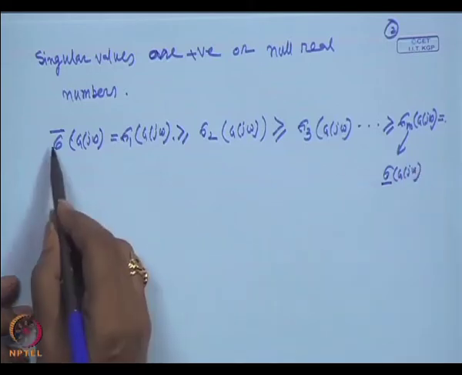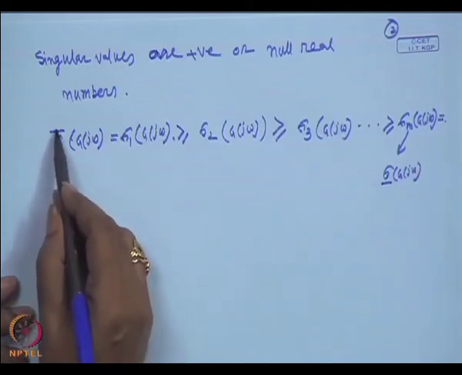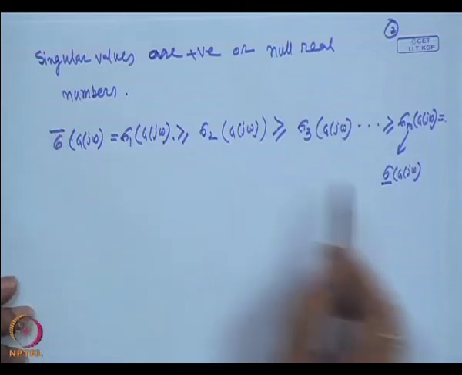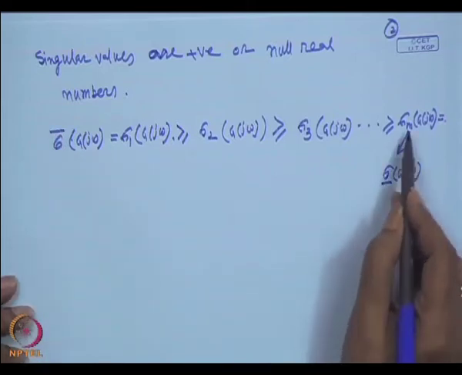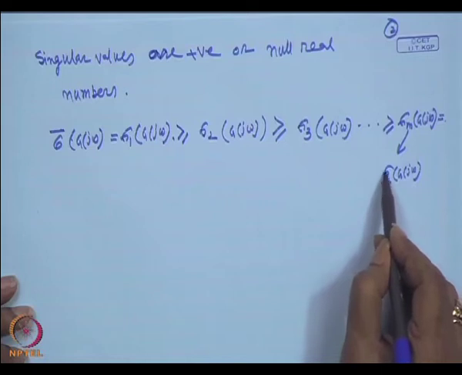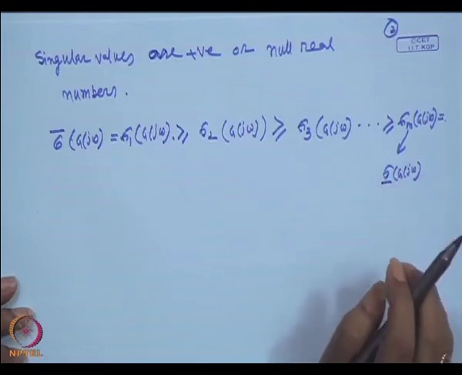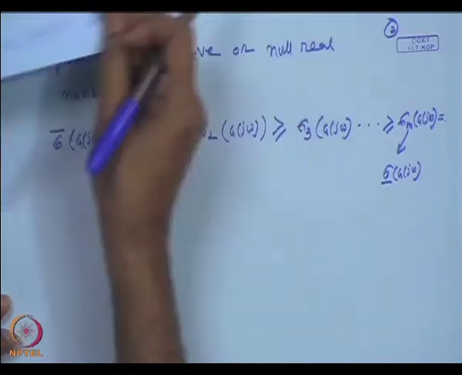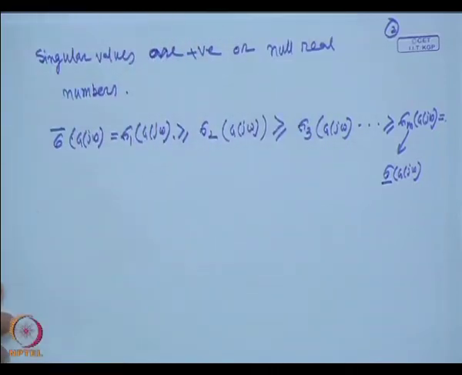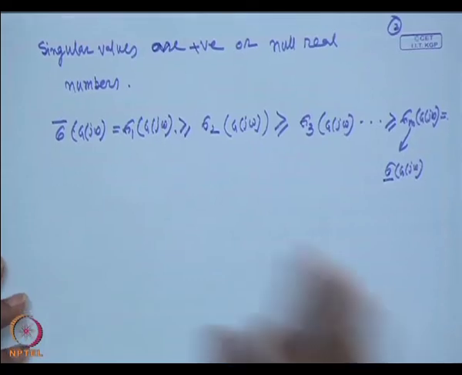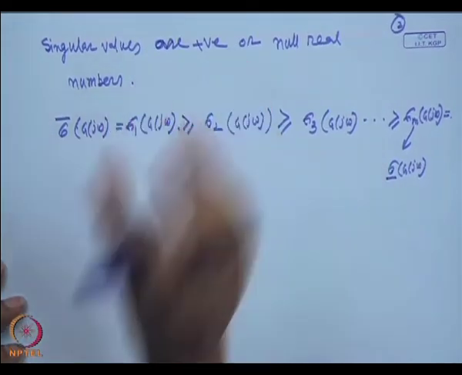So, the maximum singular value is denoted by sigma bar and the minimum singular value is denoted by sigma underscore of G(j omega). Okay. So, this is the singular value of a transformation matrix.